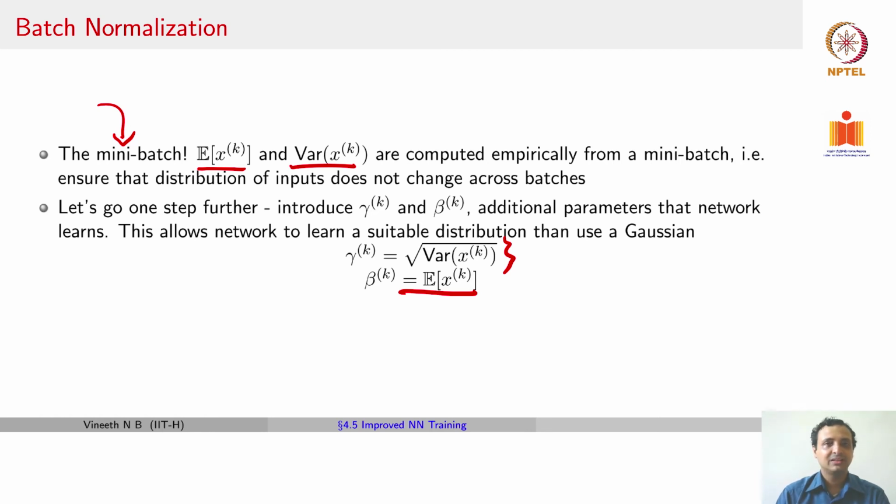This method, known as batch normalization, which was proposed in 2015, introduces two additional parameters, gamma and beta. The superscript k denotes the specific layer in which you introduce these parameters, because you have to do this layer-wise, where gamma is given by the root variance of x and beta is the mean of x.